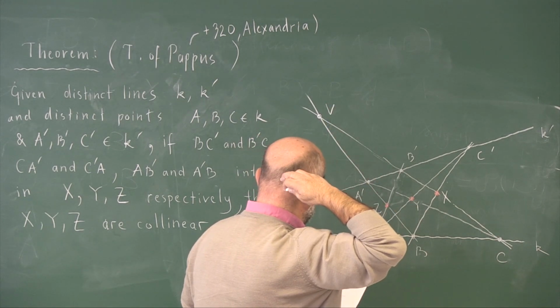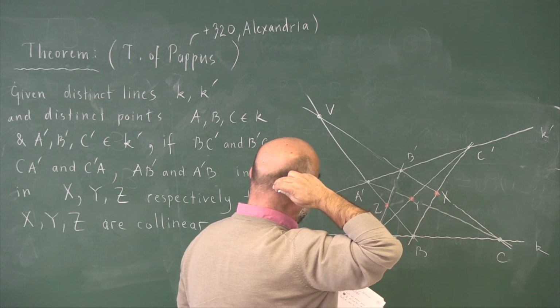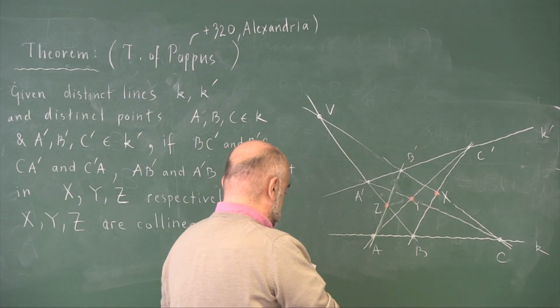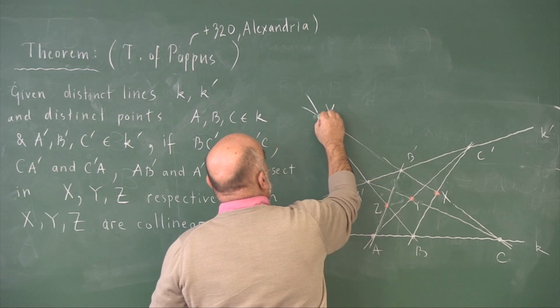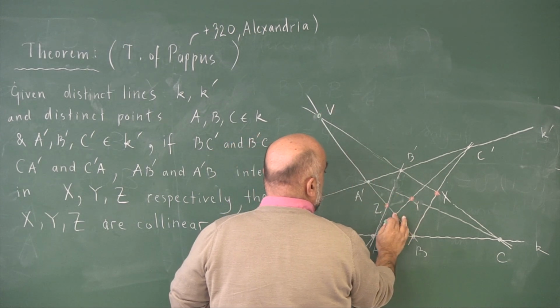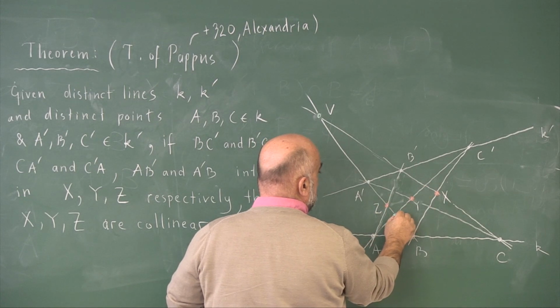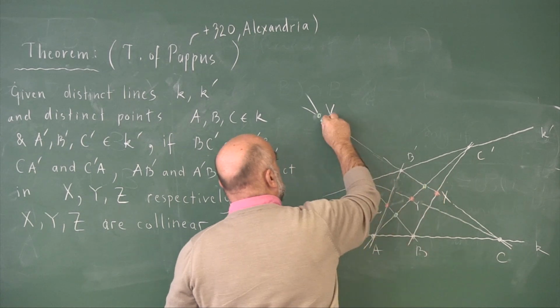Okay, so what is the triangle? Still the triangle is not there. So let's call this point V. Let's take the point in which AC prime and BA prime intersect. Okay, so here is the triangle, ladies and gentlemen.